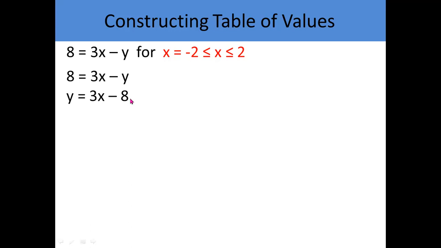Okay, y equals 3x minus 8. Again, why is it 3x minus 8? Y transposed becomes positive, 8 transposed becomes negative. So therefore y equals 3x minus 8, because we put y as the subject here. So we can now get the value of y.